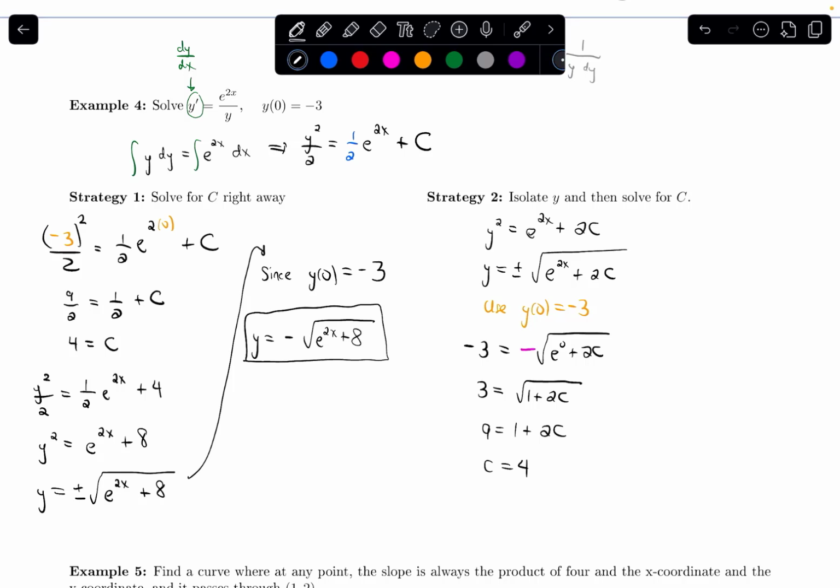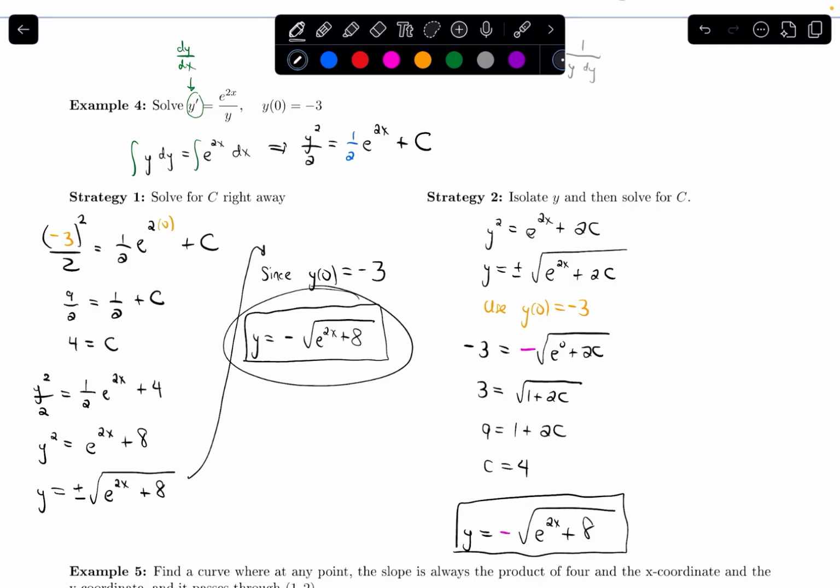Then I can plug that back into my equation where I had y isolated. That will give me y equals, now I know it's a negative in front of the square root, square root of e to the 2x plus 2 times c, that'll be 8. And we got our answer, the same thing as before, just doing things in a slightly different order.